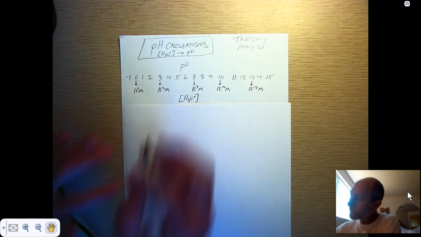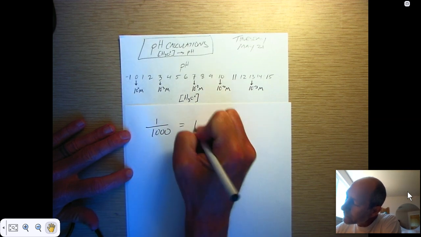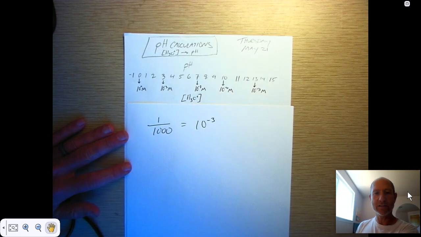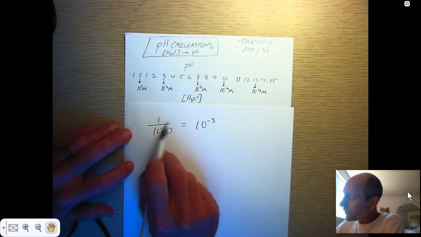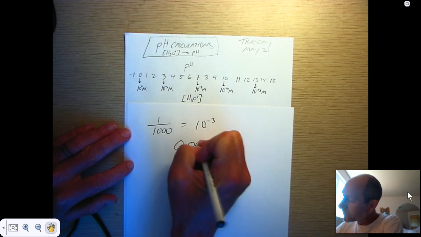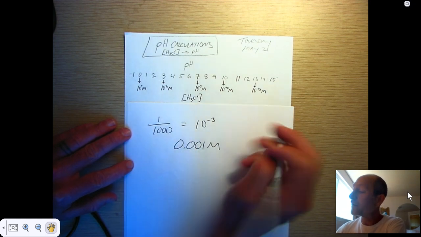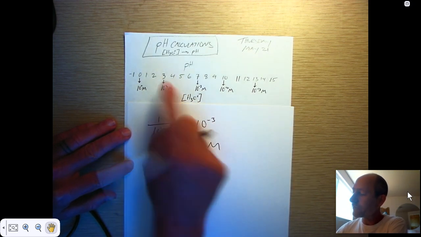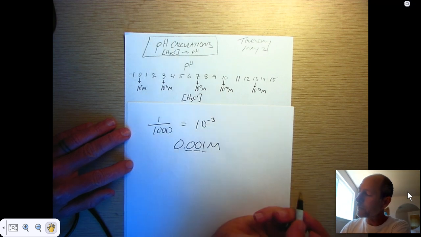Do you guys believe me that this is the same thing as this? Well, if you don't, I don't know what to tell you. Because it is. So anyway, 1/1000th molar, that's 0.001 molar. All these are the same thing right here. That would have a pH of 3. So all you have to do is count 1, 2, 3, pH of 3.